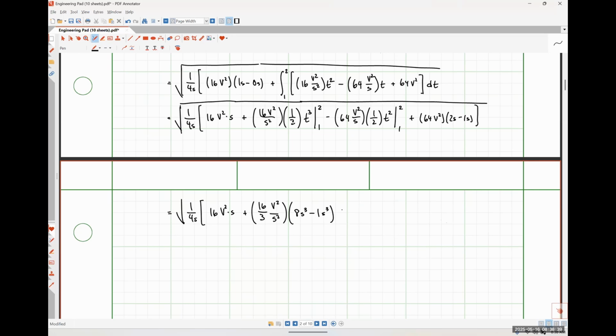Then I'm going to have negative 64 times a factor of 1/2, which is just 32, volts squared per second. And then I'm going to have 2 seconds squared, so that's going to look like 4 seconds squared minus 1 second squared. And then lastly, 64 volts squared times 2 minus 1 is just going to be 64 volts squared seconds.